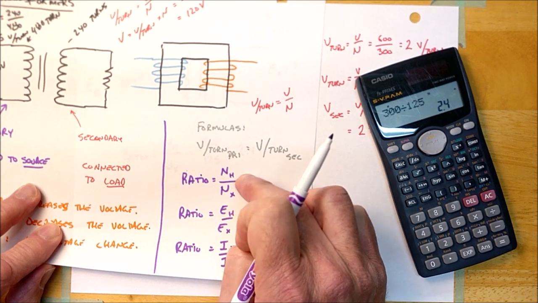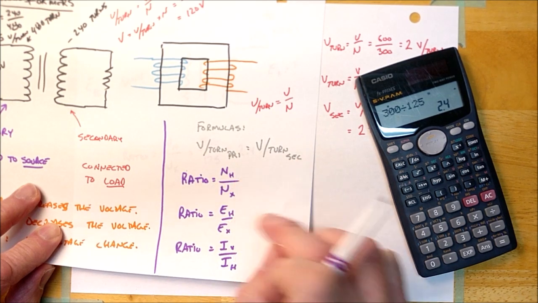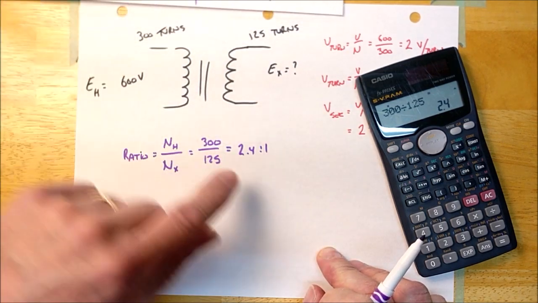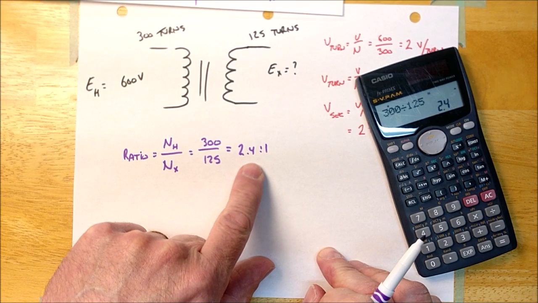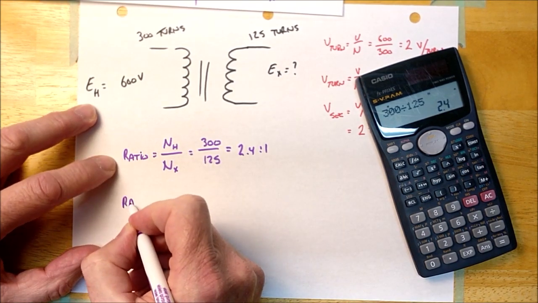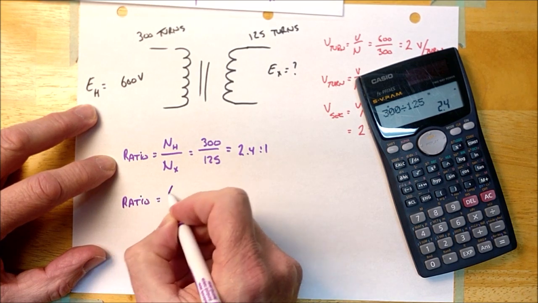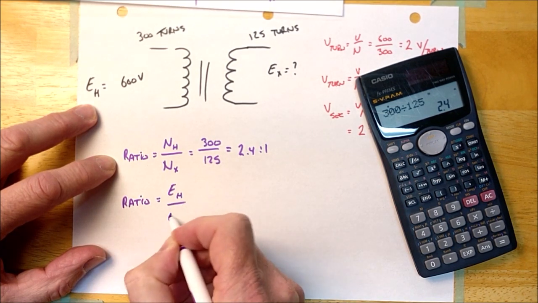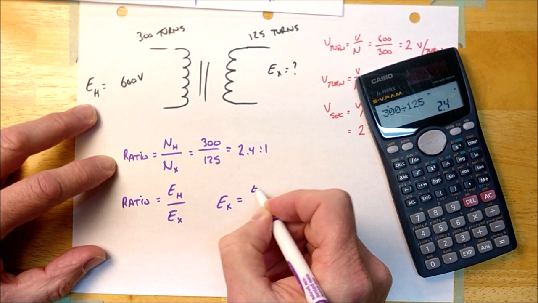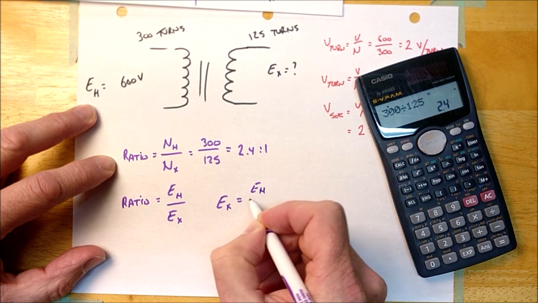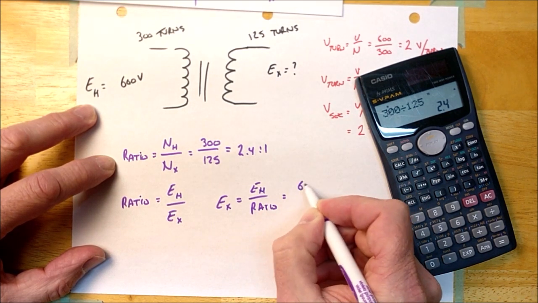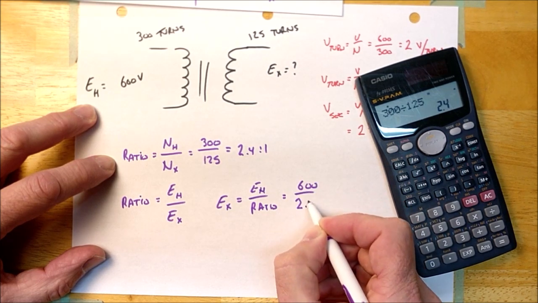We've used this one to calculate the ratio, but now that I know the ratio, I'm going to see if I can use the ratio to calculate the low voltage. Okay, guys, so this transformer, 2.4 to 1, and I know that the ratio, guys, is also EH over EX, which means EX is equal to EH, if I transpose that, over the ratio, guys, and EH is 600 and the ratio is 2.4.